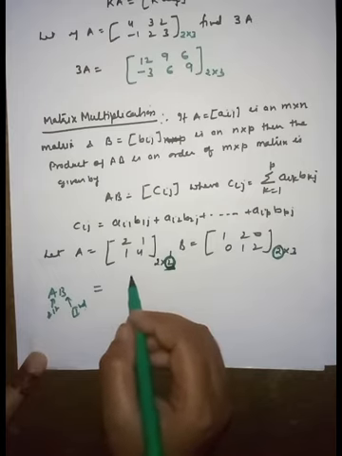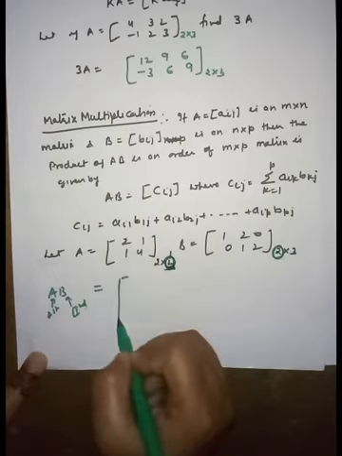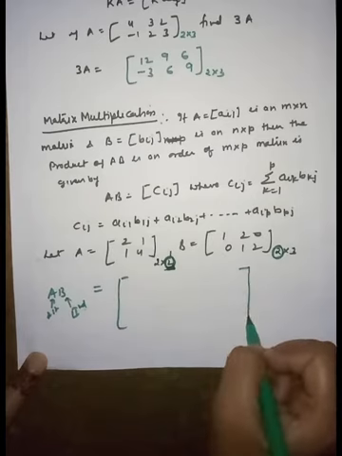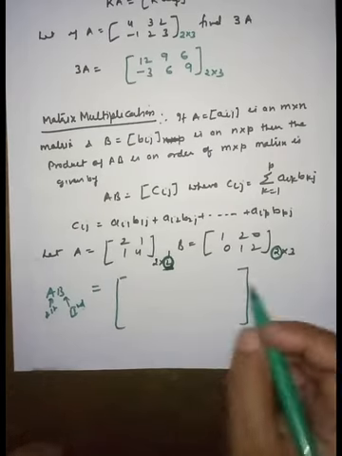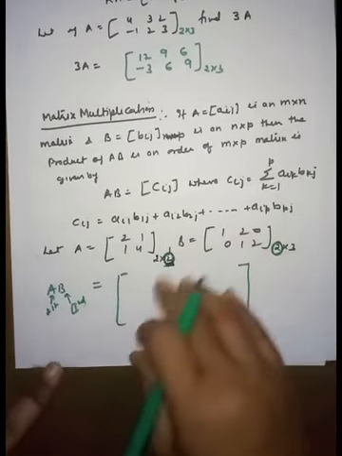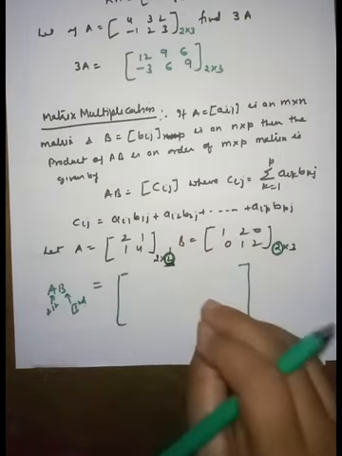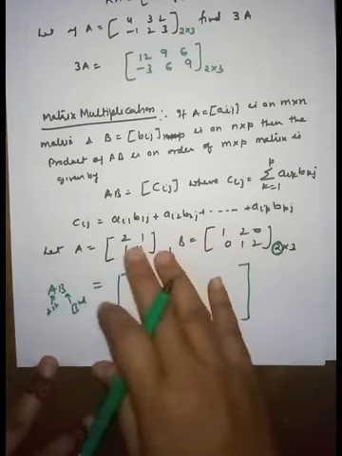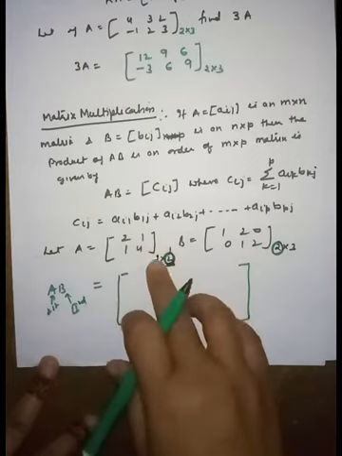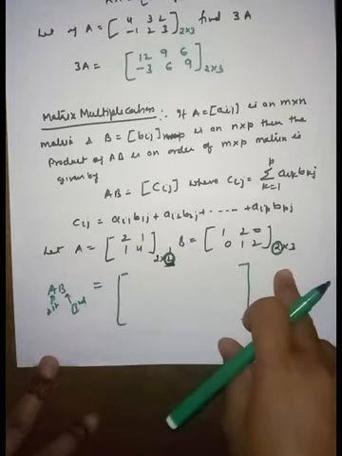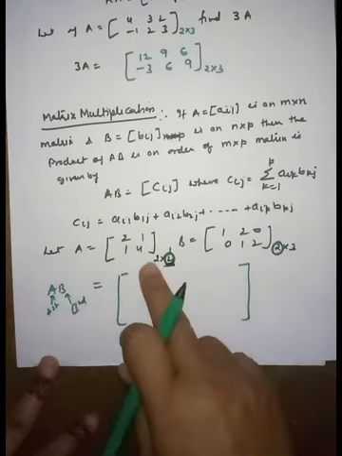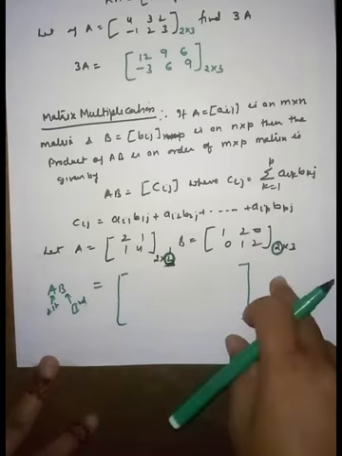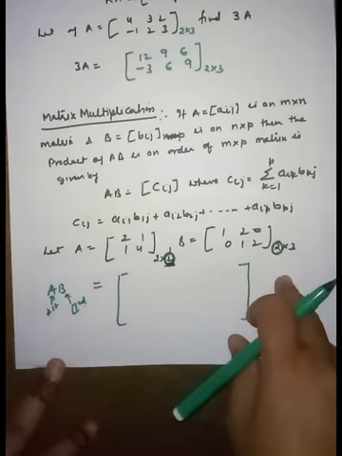Now how to find AB? Friends, step 1 is to make sure the number of columns in the first matrix is equal to the number of rows in the second matrix.